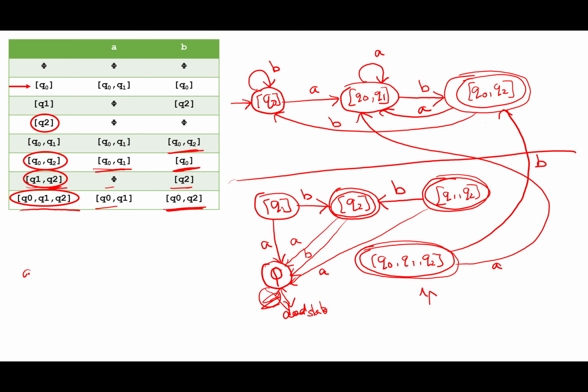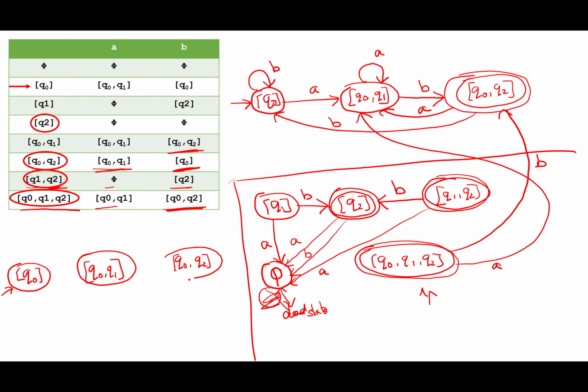So we are considering only the above states: Q naught, the initial state, then Q naught comma Q1, and Q naught comma Q2.